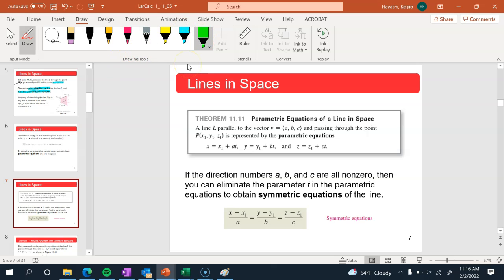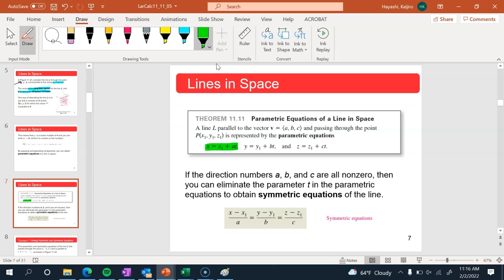So you can describe a line in this way. A line L parallel to a vector, or going in the same direction as that vector, that has a particular point in it, you can represent it by the parametric equations x equals, right, and that x is just going to be like the variable x, equals the x of the point plus a times t.